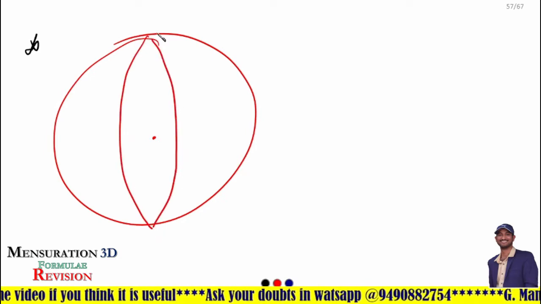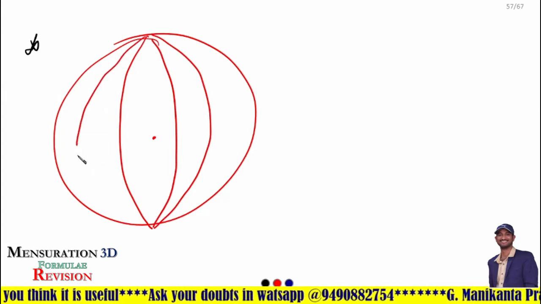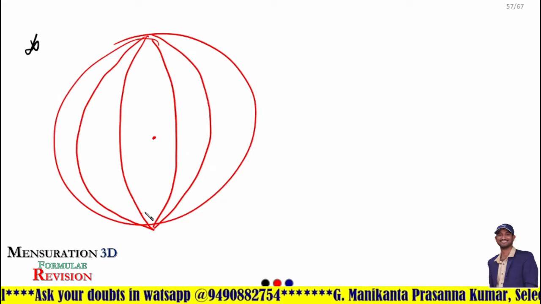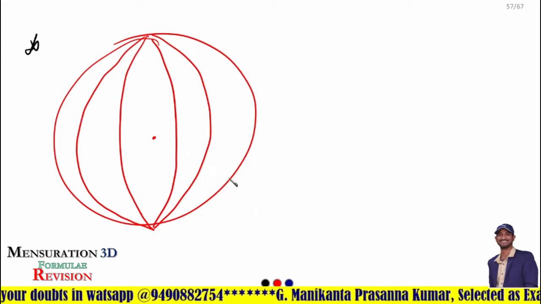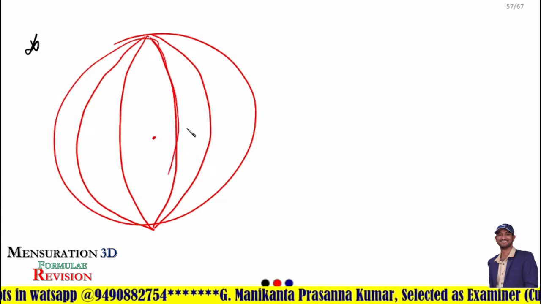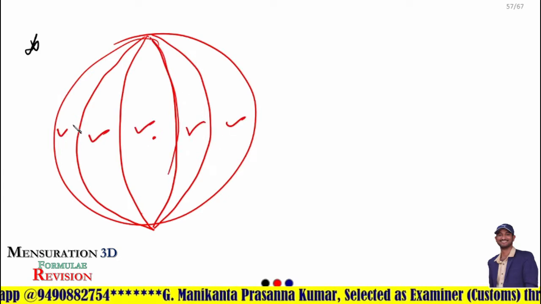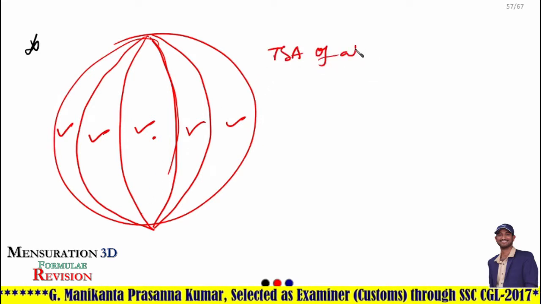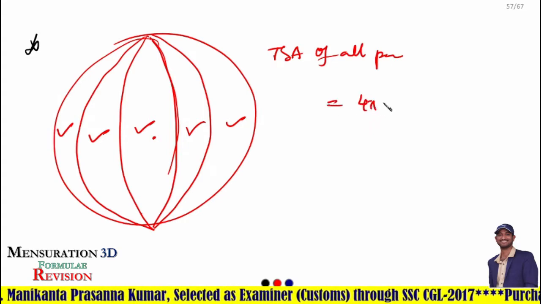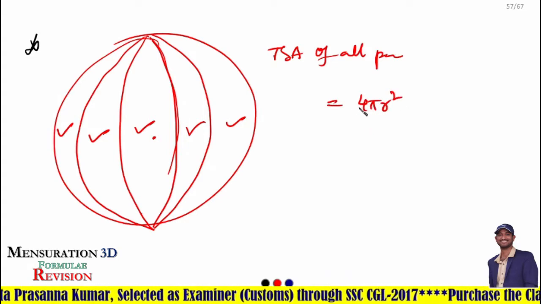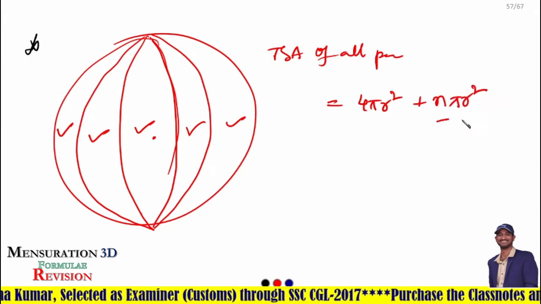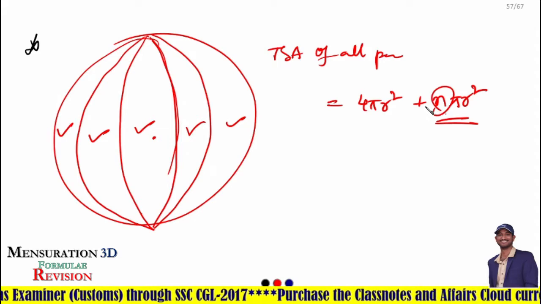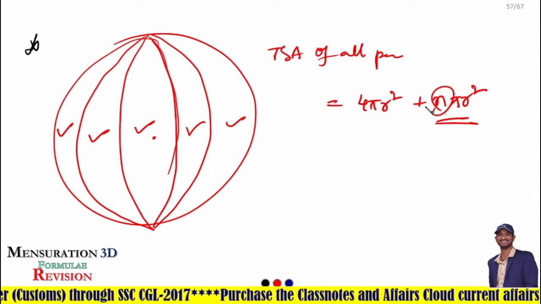If you remember an orange we have like this, or some playing balls, if you cut like this and the sphere is cut into n parts vertically, then the total surface area of all the parts is equal to 4 pi r square, that is the total surface area of the given sphere, plus n pi r square. n is the number of equal parts, not the number of cuts, number of equal parts.